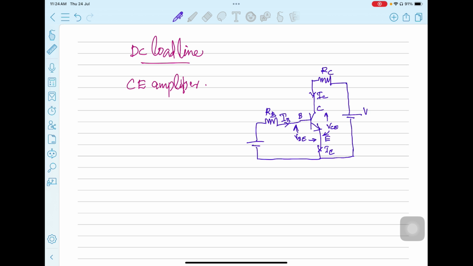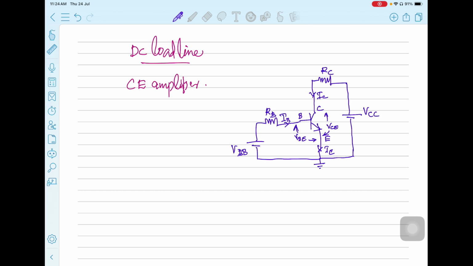And the supply we gave on the collector side is VCC, and on the base side it is VBB. So this is all about the circuit configuration, and you can also connect a ground here, which is common to both the input and the output.